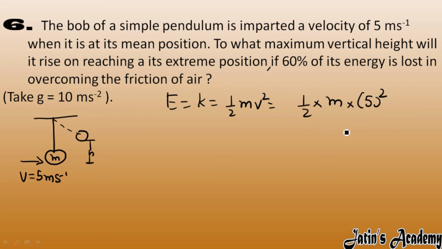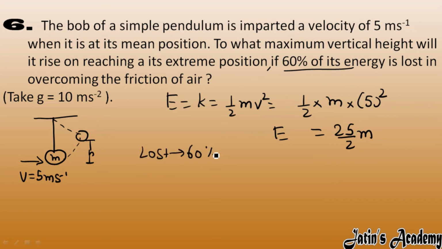So 5 square we have 25 by 2 m. Okay. So this is the initial energy stored in the pendulum, or energy given to the pendulum. Now this pendulum is going to some height, rises to a height, but the condition is that 60% energy is lost.